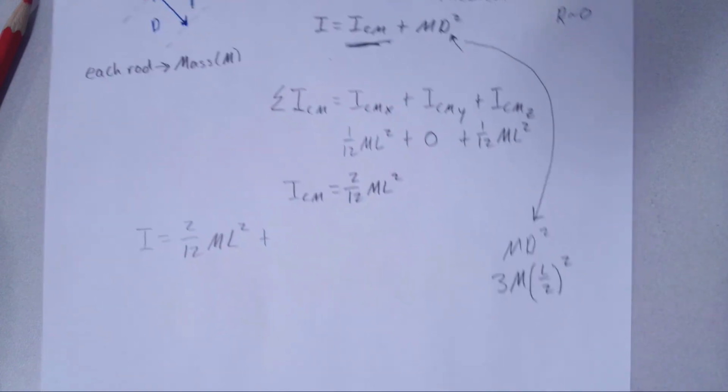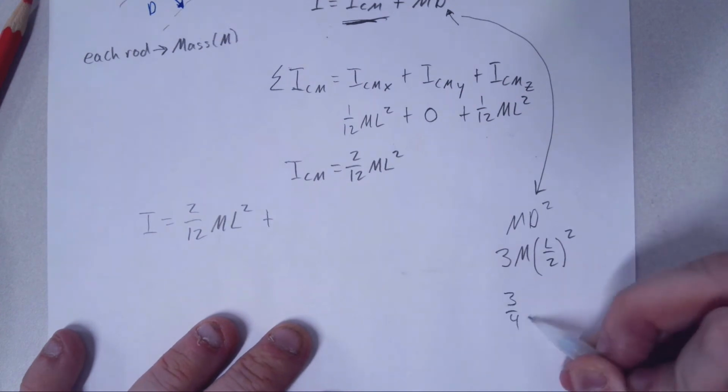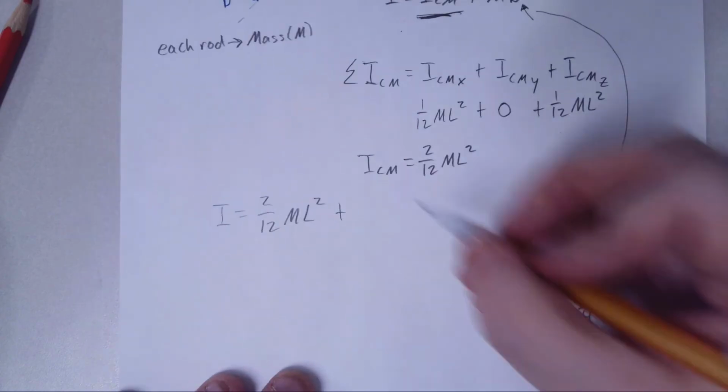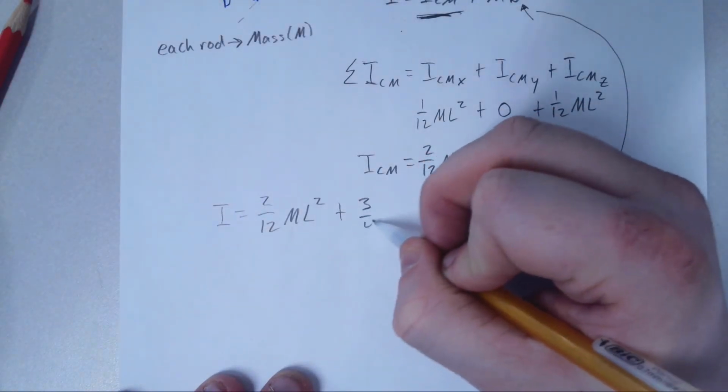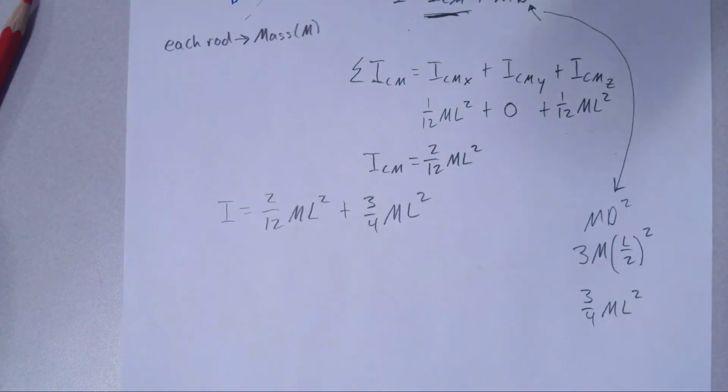Let's simplify that. That ends up being 3/4 ml squared, and that's what goes right there. So all we have to do is simplify this, and we have our answer.